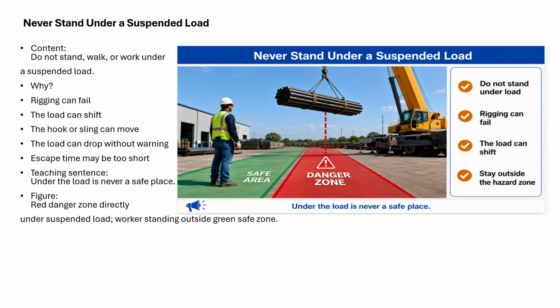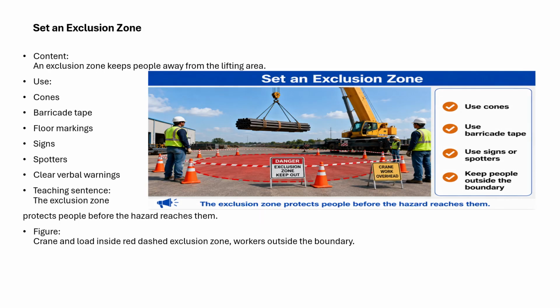Red danger zone directly under the suspended load. Workers stand in the green area. Here is the safe area outside. Set an exclusion zone. An exclusion zone keeps people away from the lifting area, the red area.